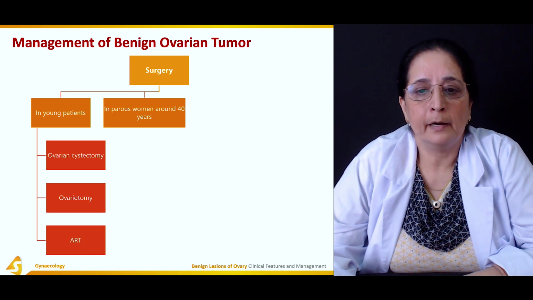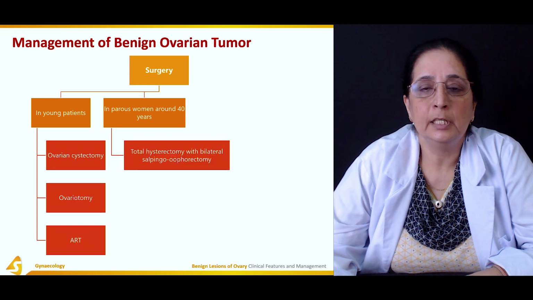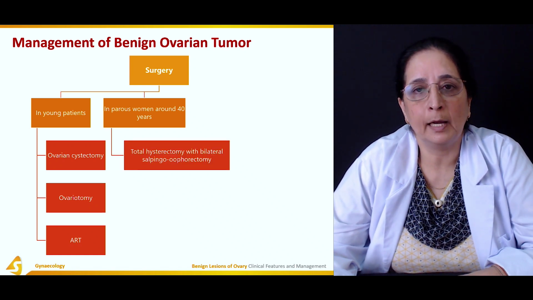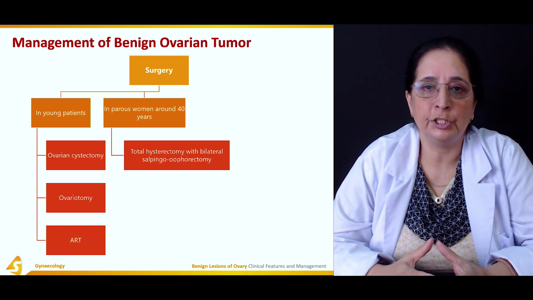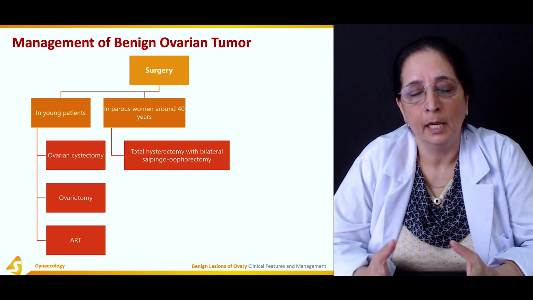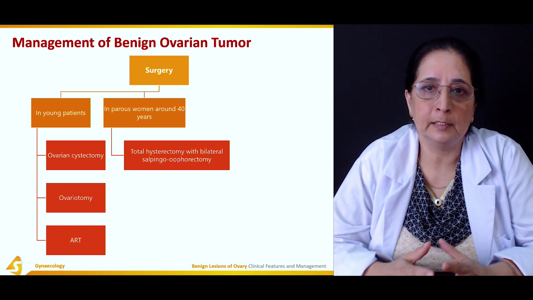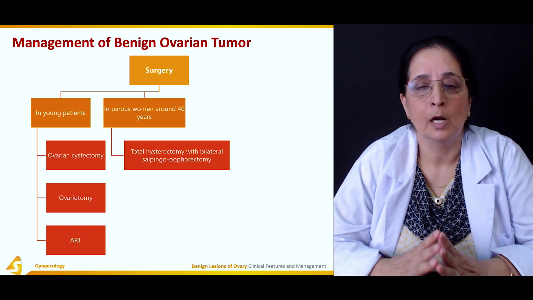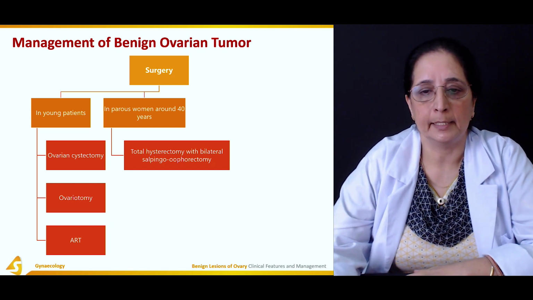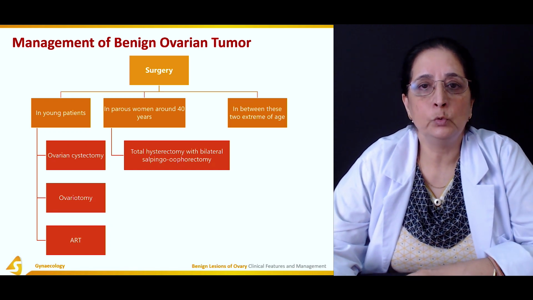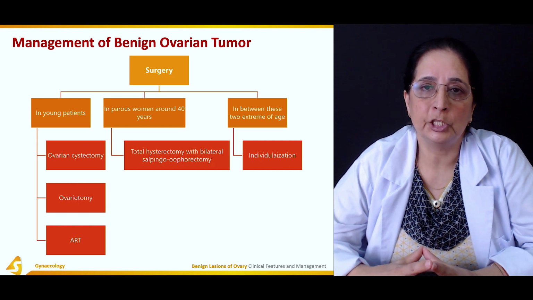Then in parous women around 40 years of age, usually total hysterectomy with bilateral salpingo-oophorectomy is done. So depending on the age, if the patient has completed the family and doesn't want any more children, usually hysterectomy is done, in which the uterus is removed along with removal of tubes and ovaries on both sides. In between the two extreme ages, it is again individualization.